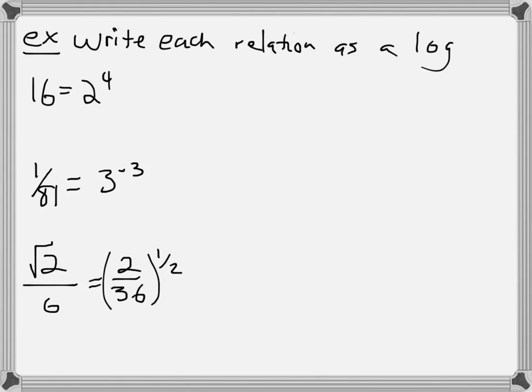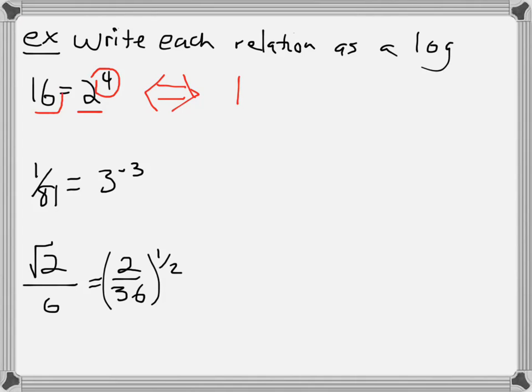So if I want to write something like 16 equals 2 to the 4th, I know that's true. When I write my log, I could write it in either way. But what's my base? My base is 2 here, because it's 2 to the 4th power. And what's my exponent? 4.